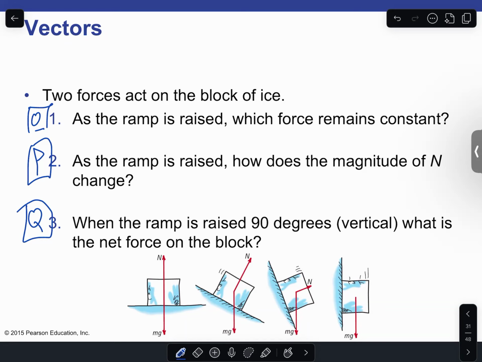A squared plus b squared equals c squared is not a sufficient answer there.